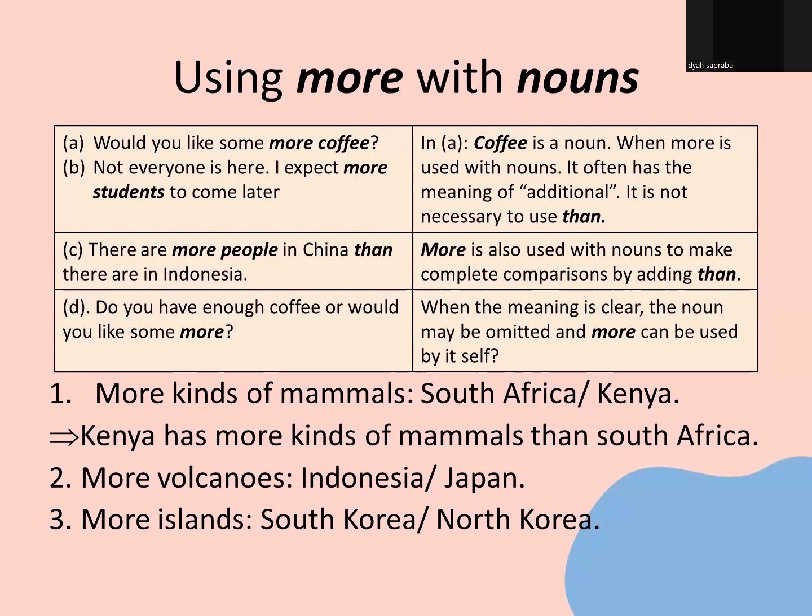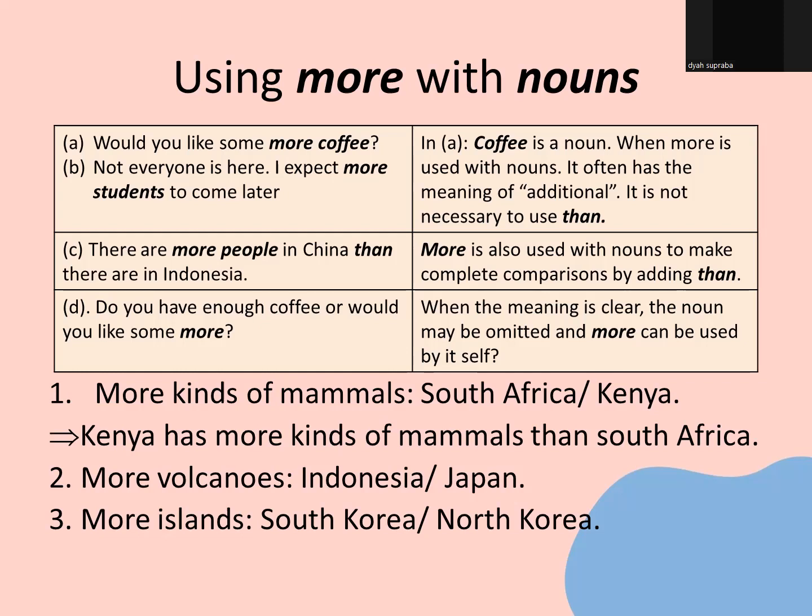So that is the way you use more with nouns. When more is used with a noun, it often has the meaning of additional. It is not necessary to use than. Nah, kalau cuman untuk tambahan kita nggak perlu than. Would you like some more coffee? Not everyone is here. I expect more students to come later.